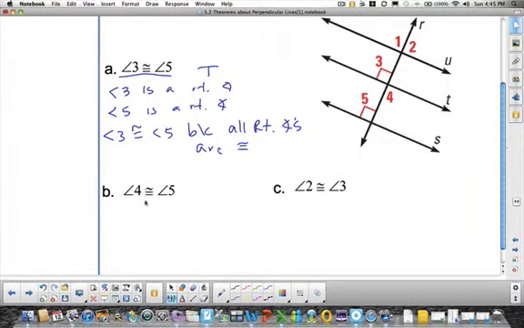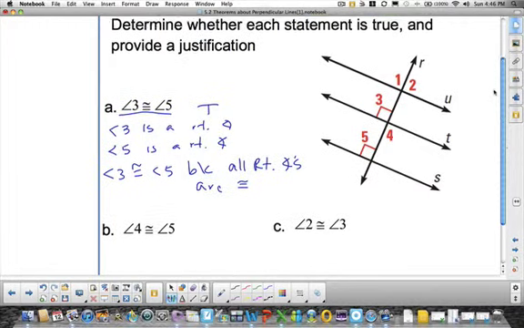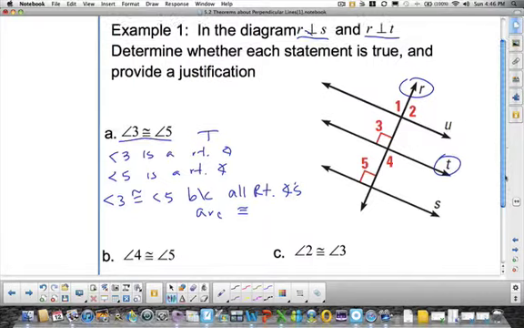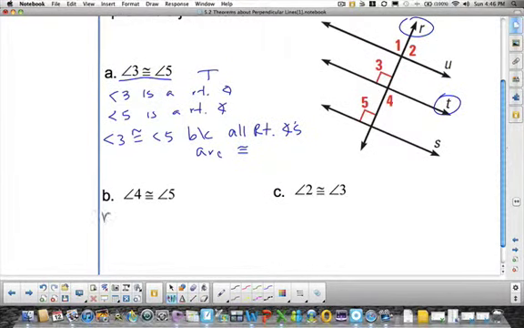Alright, now the next statement we have says that angle 4 is congruent to angle 5. Well, let's back up here a second. We knew from the beginning that line R was perpendicular to line T. So R and T are perpendicular. Because R is perpendicular to line T, I now know that angle 4 is a right angle because perpendicular lines form four right angles.